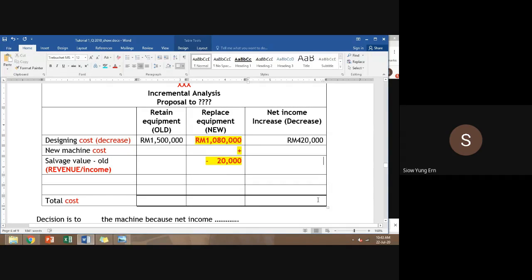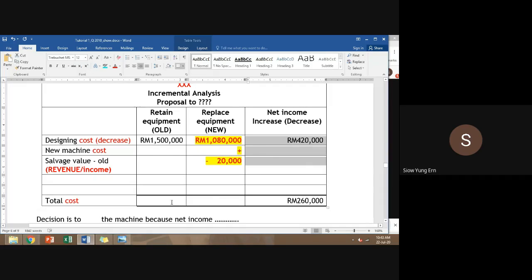Okay, what will be your final answer? Correct, increase 260,000 RM. So one way to do this, you can add up all this amount. If it is in bracket, then you minus. If there's no bracket, then you add up.